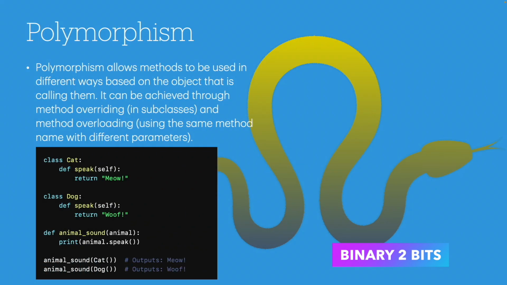Let's see polymorphism. Polymorphism is the behavior of our program, so in different situations we have different behavior. Polymorphism allows a method to be used in different ways based on the object that is calling it. It can be achieved through method overriding in subclasses and method overloading, using the same method name with different parameters.